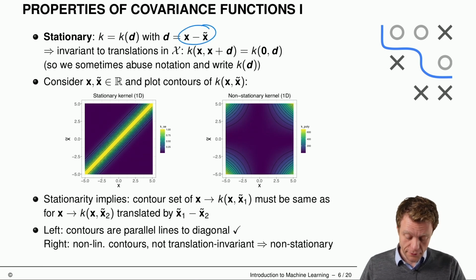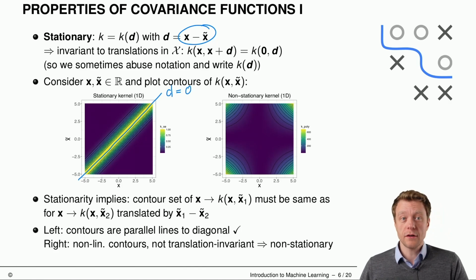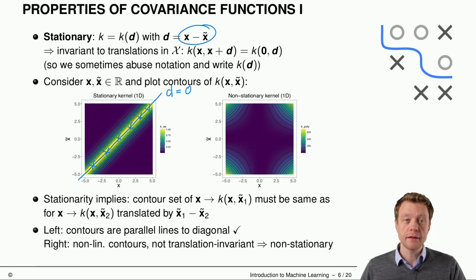You take the difference of those two things here. So this middle contour line is related to d being exactly 0, because x and x tilde have the same value. And if I set translation invariance, this means that the covariance is the same on all the points on this line, right? It doesn't matter where x and x tilde are. It just matters that their difference is 0.